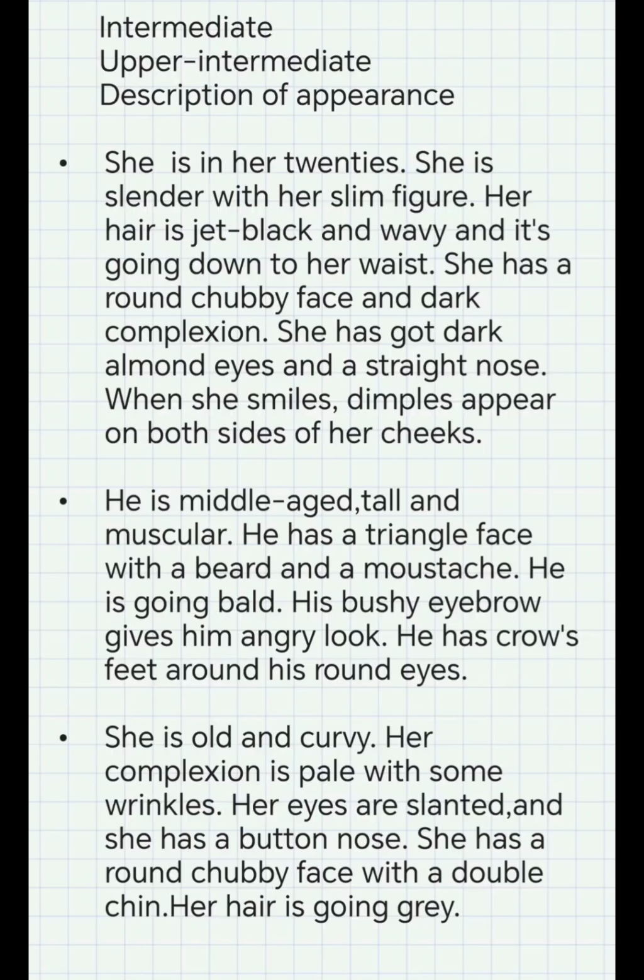And she has a round, chubby face with a double chin. Her hair is going gray. Again, her hair is going gray, like he's going bald. It means that it's not gray yet, but very soon, in a short time, it will be gray.